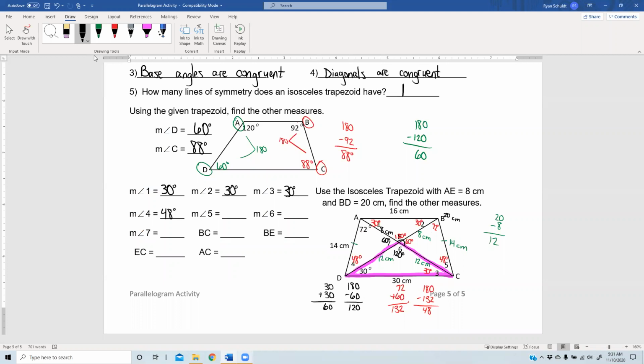Angle 5, 48 degrees. Angle 6, 120 degrees. Okay, let's see. Angle 7, 60 degrees.